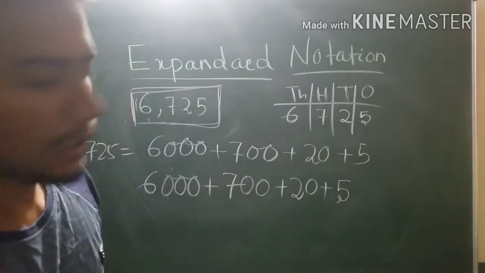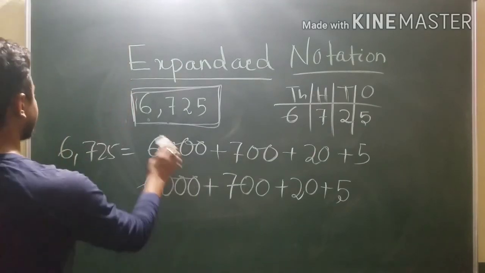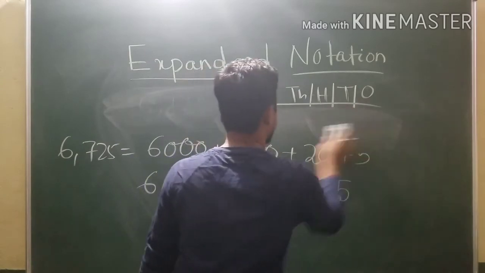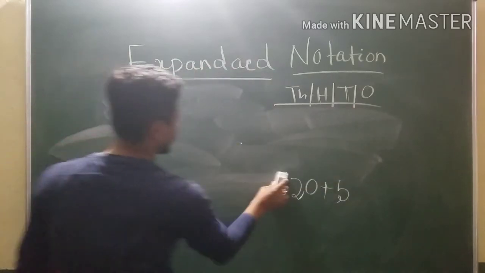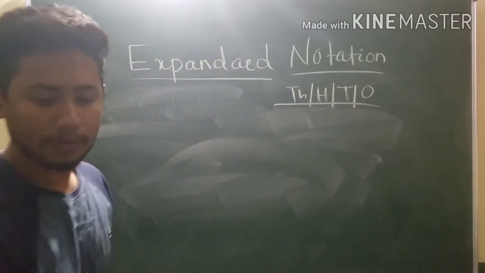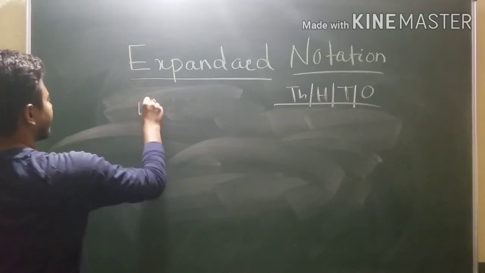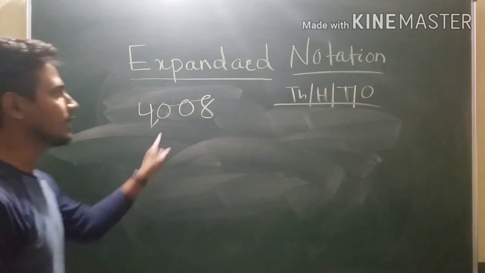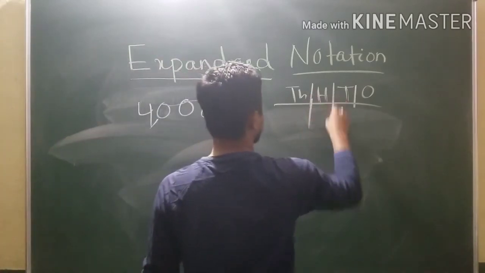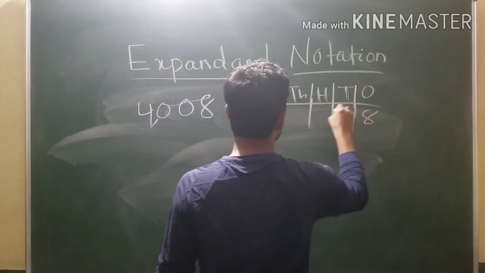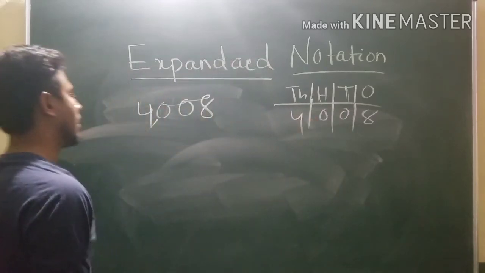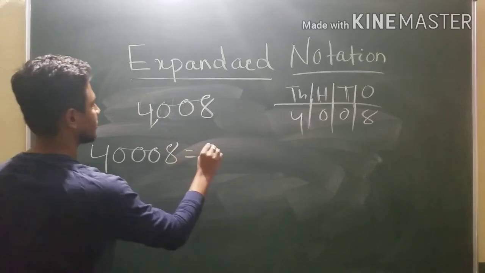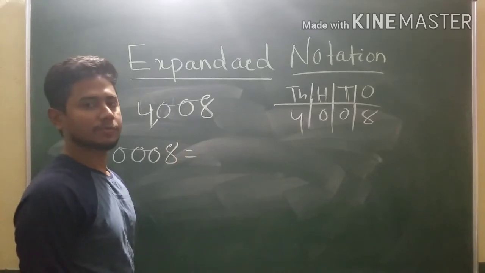So carefully, the number is written. Question is given: 4008. Write down according to their place first. Now how can I write 4008 in expanded form?